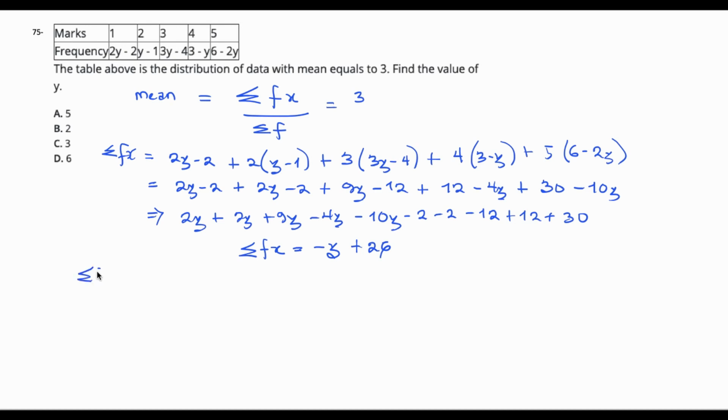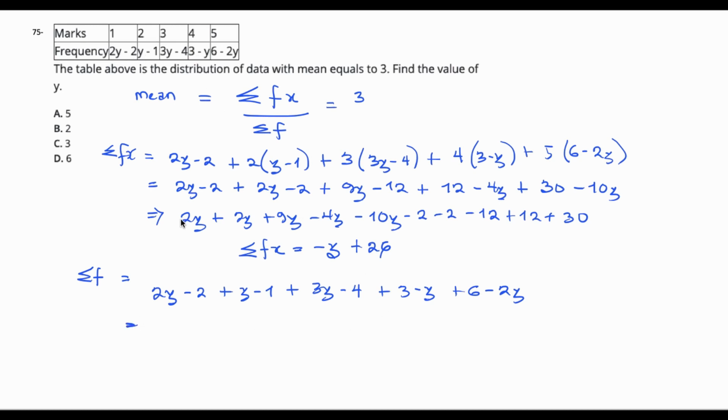Now the summation of our frequencies equals 2y minus 2 plus y minus 1 plus 3y minus 4 plus 3 minus y plus 6 minus 2y. This is simply the summation of all the frequencies here.